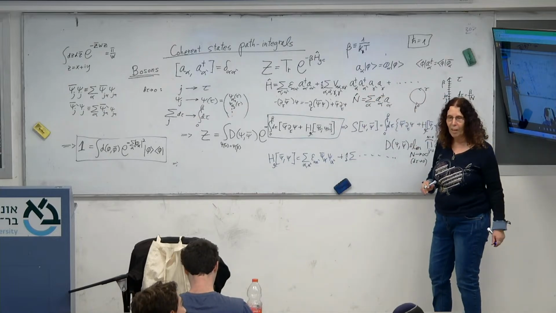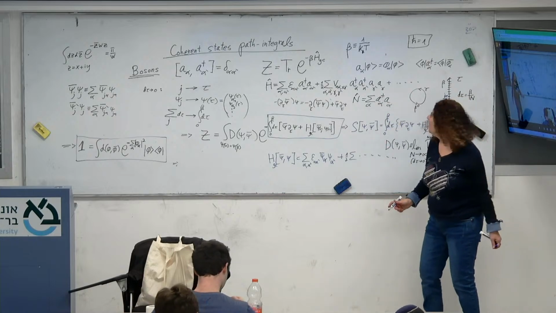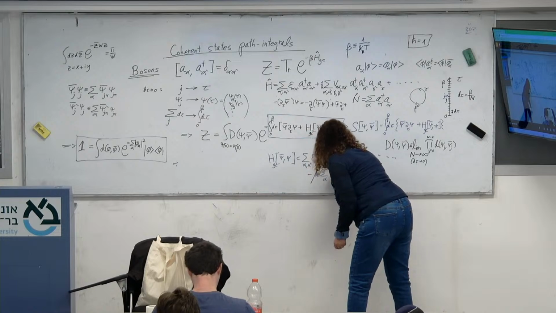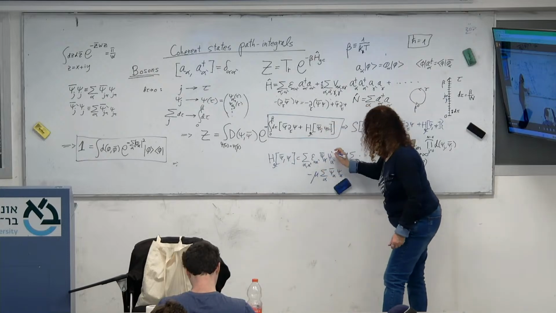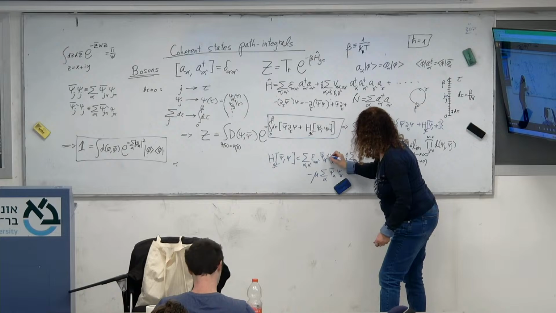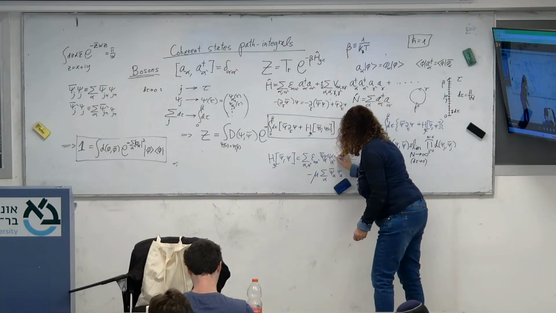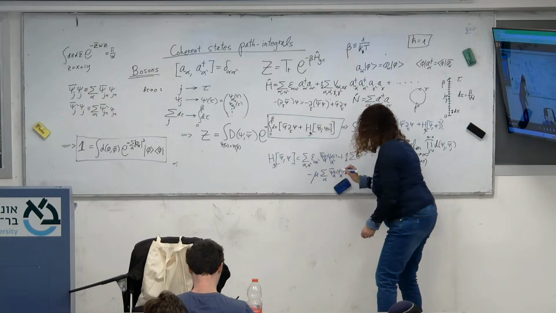I'm not even writing it, but you can easily do the conversion. And minus mu sum over alpha of psi alpha bar psi alpha, where every time I write a psi, it's local in time. This is all tau, the same tau.